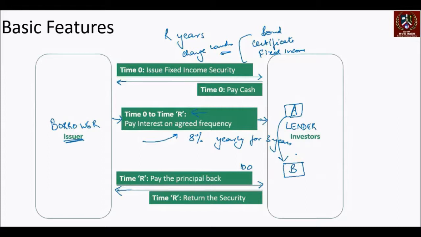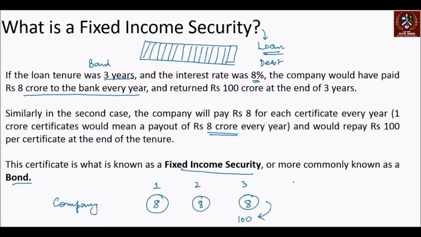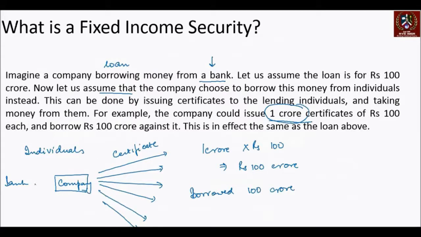But if investor A gives that to investor B, then the payments start going to investor B. So whoever holds the bond certificate gets the payment, which allows people the flexibility of getting out of this particular instrument at any point of time, right? Unlike the previous case, if a bank gave money to the company, unless the company pays it back, it is unlikely that the bank can get out of this deal, right?